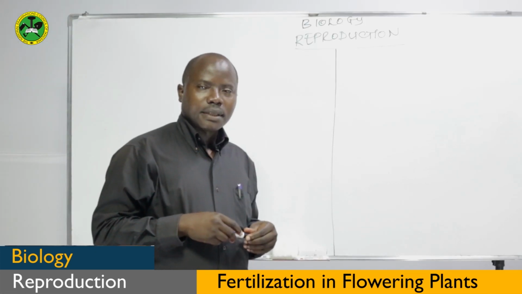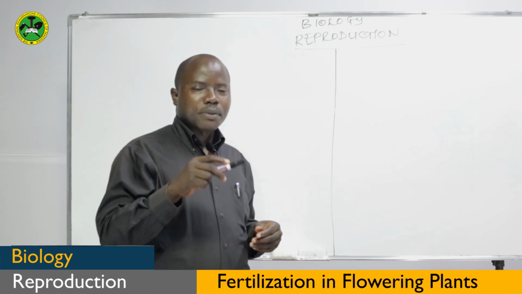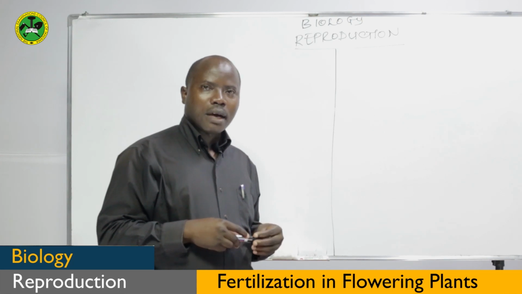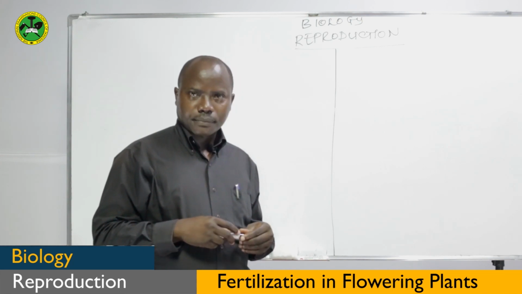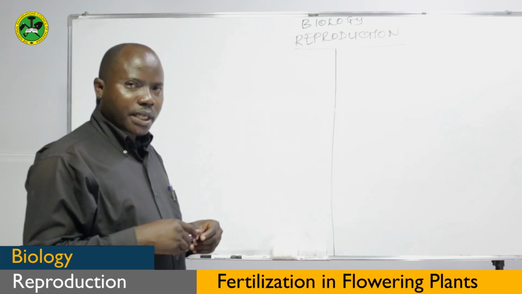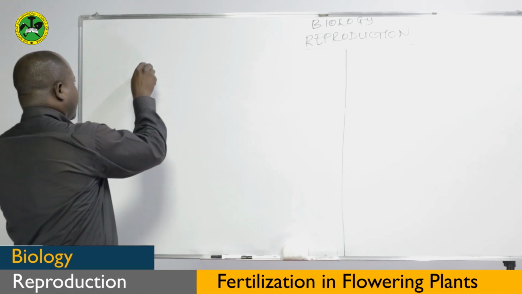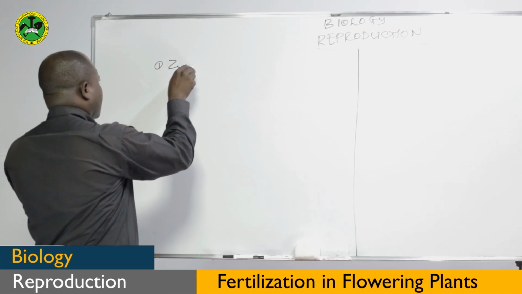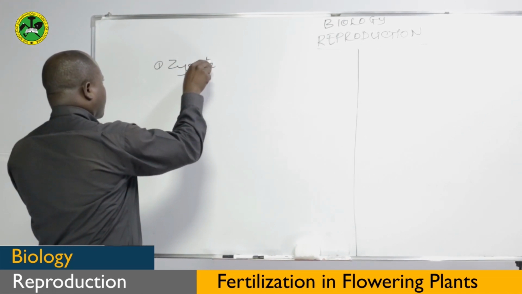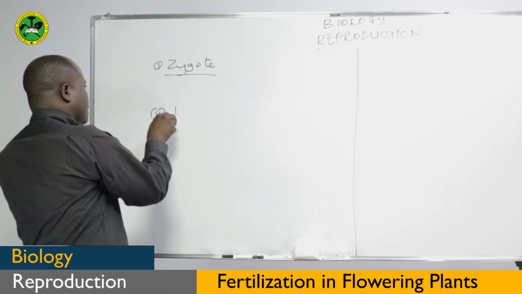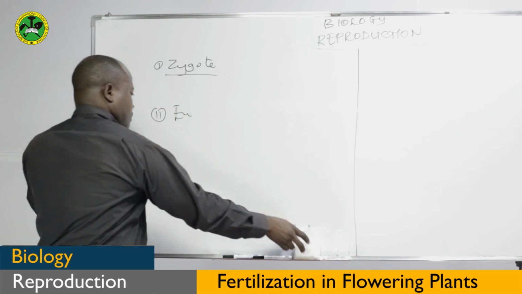Dear students, this question requires a description of changes occurring in the ovule after fertilization. After fertilization, there are 2 structures formed in the ovule. The first one is the zygote. The second one is the endosperm.